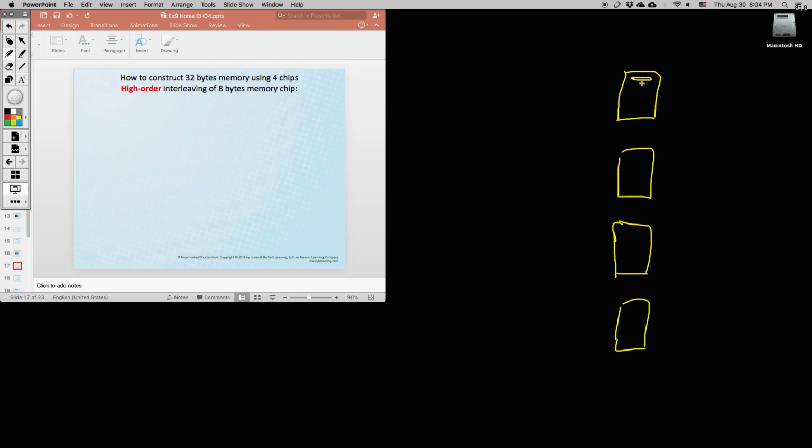So we have 8 of those, and 8 of those, and so on. Each chip has 3 address lines, since 2 to the 3 is 8, which is sufficient to address 1 of 8.